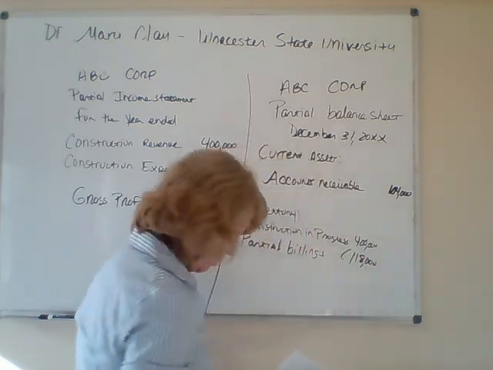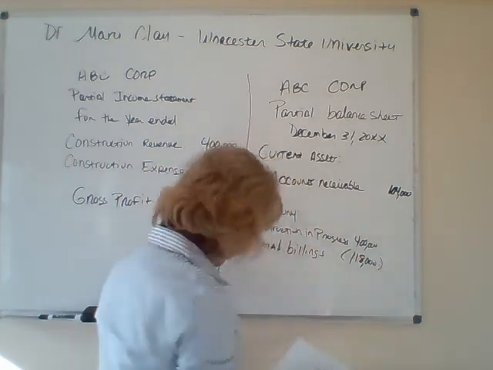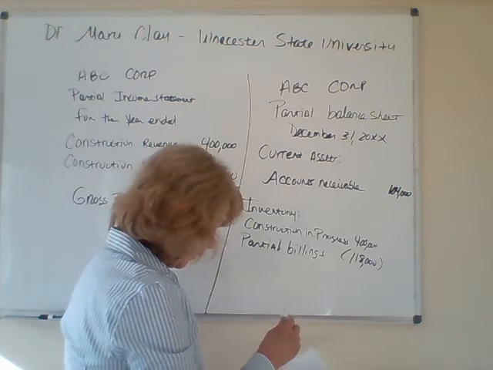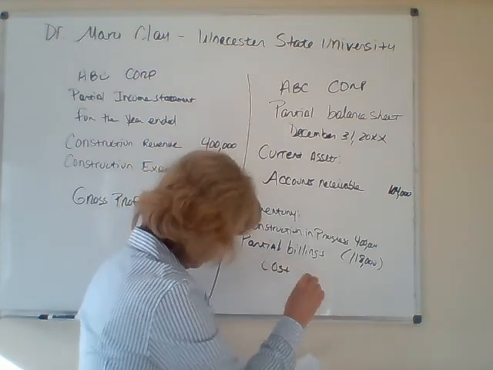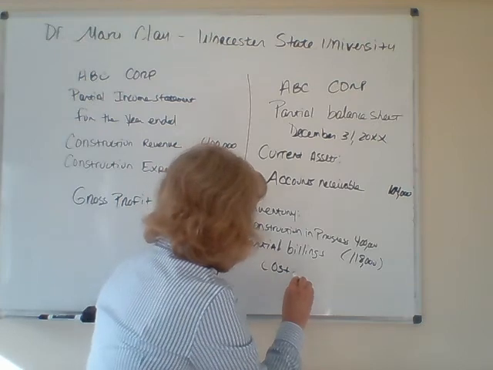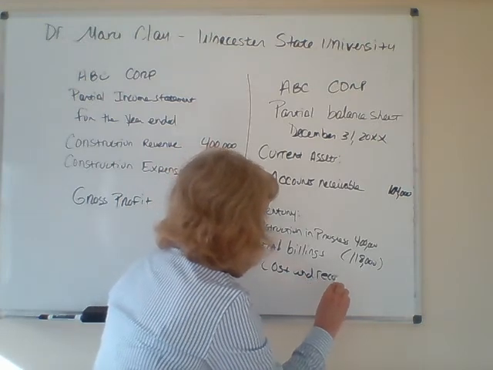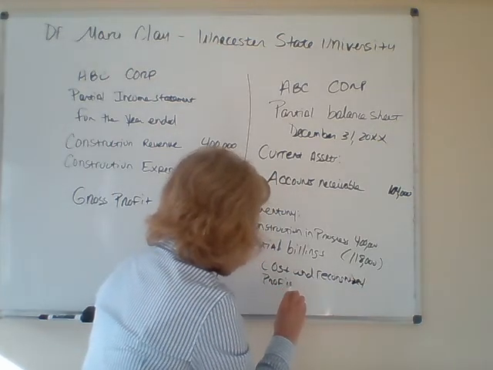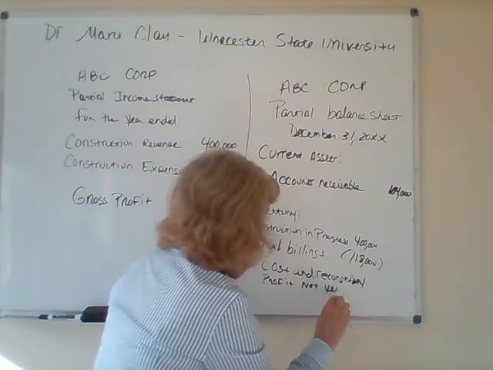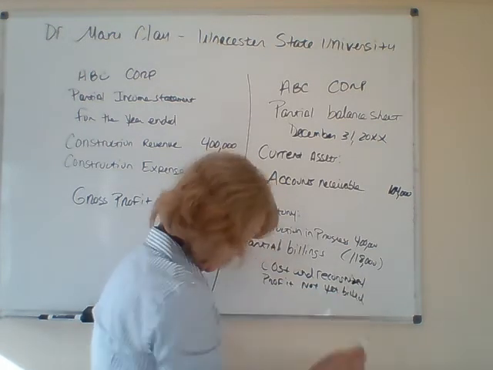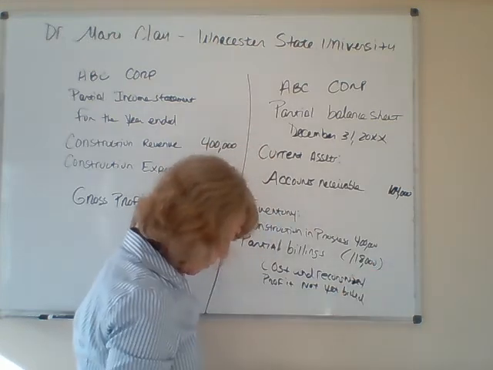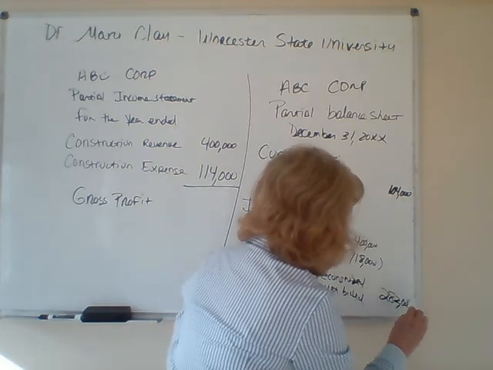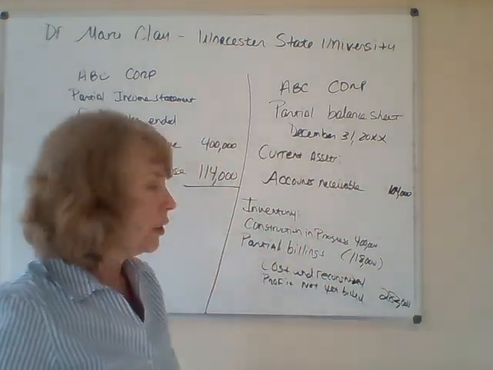This is a contra, all right? So you will subtract that. And then this will be costs and recognized profit not yet billed. Okay, so that 400,000 minus 118 is 282,000. Yep, you've seen that number before. That is always going to be your gross profit.